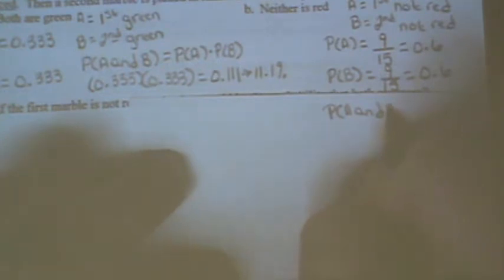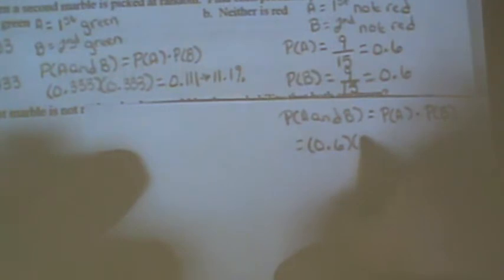So now we want to find the probability of A and B. And again, that's the probability of A times the probability of B. So taking probability of A times probability of B, we get 0.6 times 0.6.